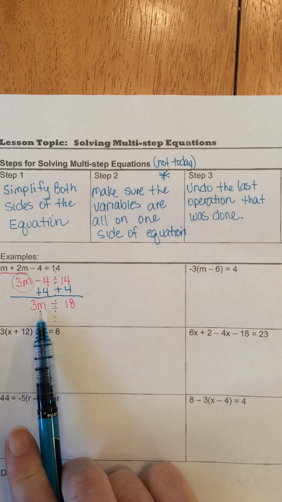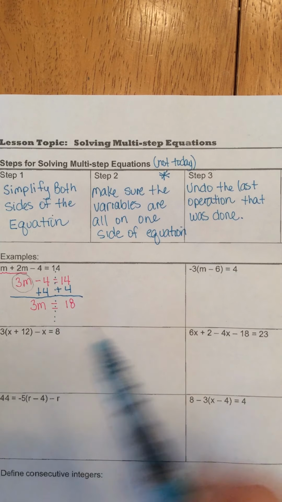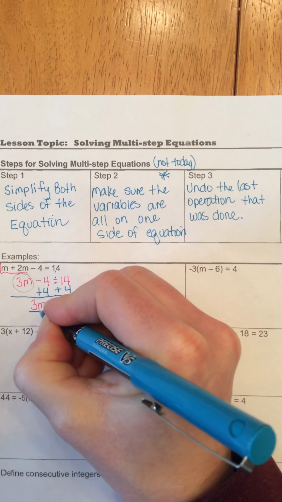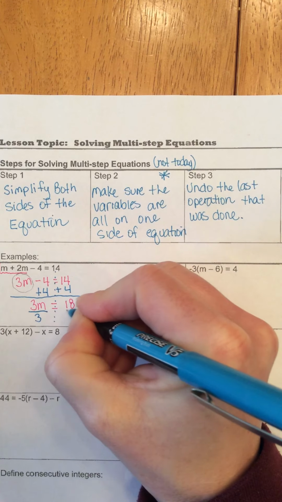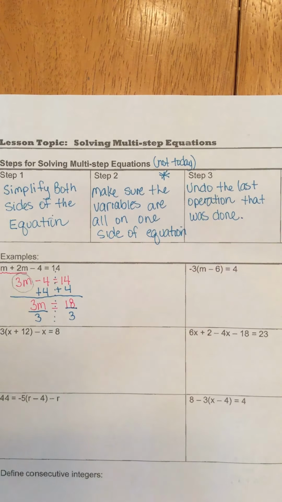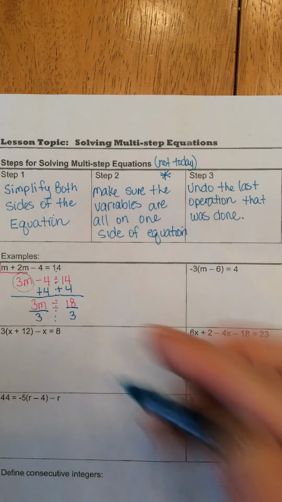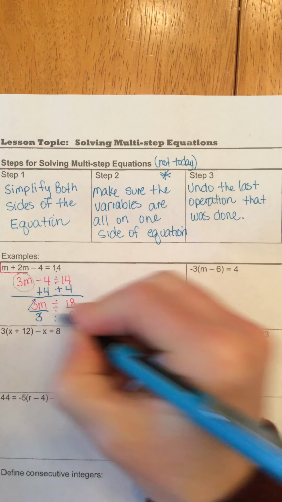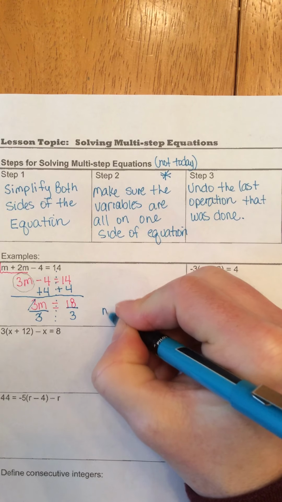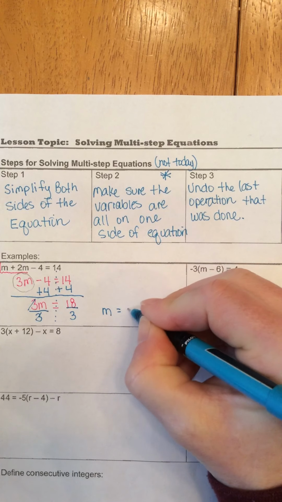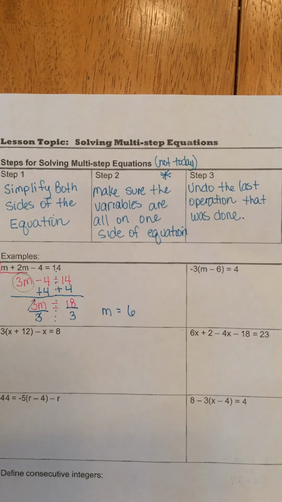This means 3 times m equals 18. And we're going to undo 3 times m by dividing by 3. We get m equals 6.